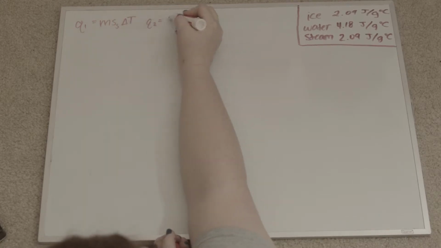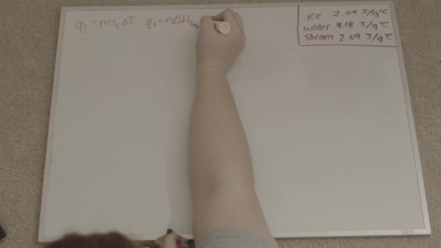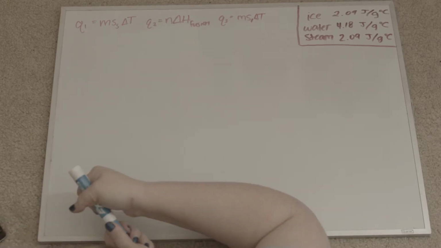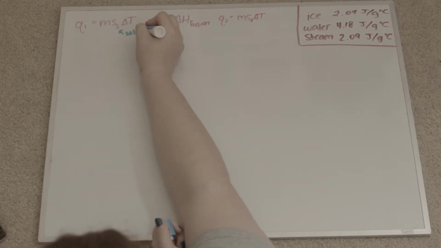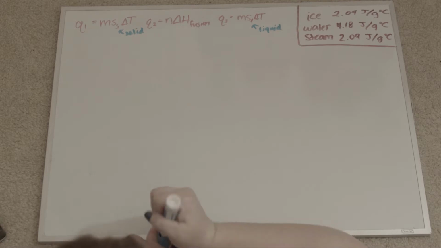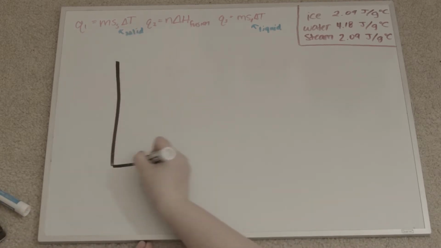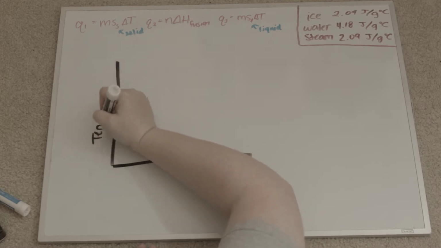So now we want to write our formulas for Q1, Q2, and Q3. For Q1, it's m c_s delta T. Q2 is n, in moles, times delta H fusion, and then Q3 is m c_L delta T. So for Q1, we're dealing with solid, and Q3 is liquid. That's why there's an S and an L.